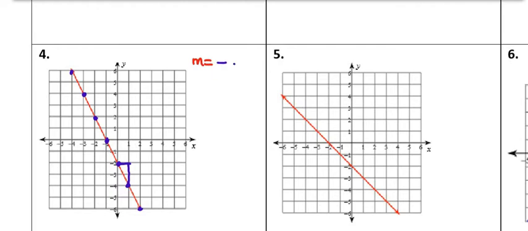So we're going to have a negative and then your fraction, because your slope is rise over run. Now, I see that I have 1, 2. It is a negative slope. Negative 2 is the rise, and run is 1. So my slope is a negative 2 over 1, which reduces down to a negative 2.